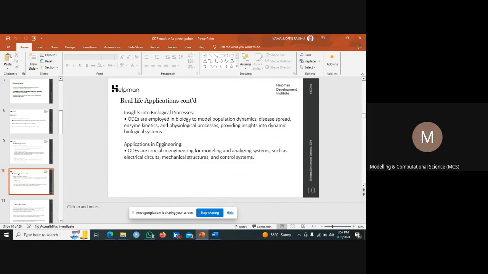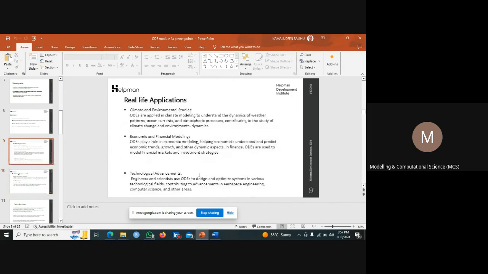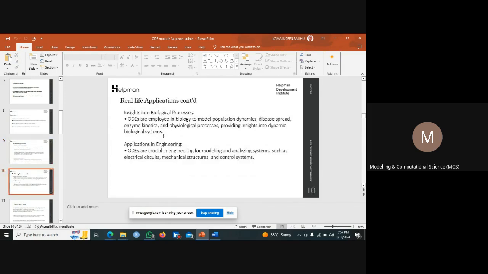Okay, so application in engineering. ODEs are crucial in engineering for modeling and analyzing systems such as electrical circuits, mechanical structures, and control systems. Even in the music that we listen to every day, when a drummer starts, he starts slowly, but before you know it, it will be increasing, hitting this and that.